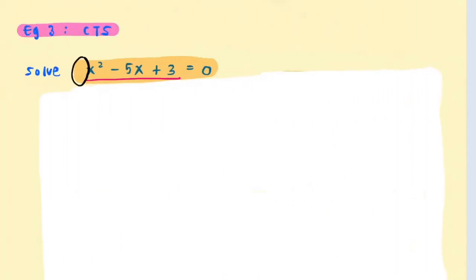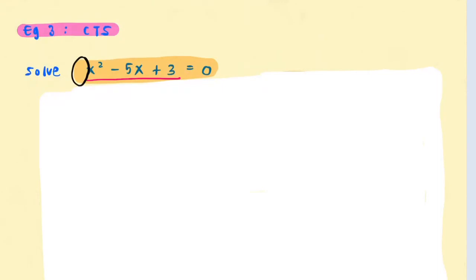Now let's go to the last method, which is completing the square. Alright, so let's do this. This is the question, x squared minus 5x plus 3 equal to 0. So first of all, if you want to complete the square, make sure the a here, coefficient of your x squared, is equal to 1. So since this is equal to 1, therefore now we can straight away solve this question.